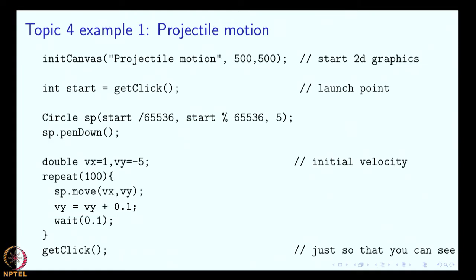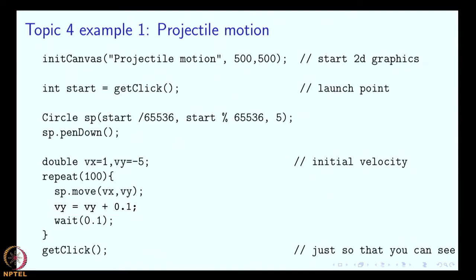The y velocity reduces because of gravity. Here it is increasing because of gravity, because remember that in our graphical system the y coordinate is growing downwards. So anyway, the y velocity is increasing and the x velocity is decreasing. So it will look like the way a projectile moves.